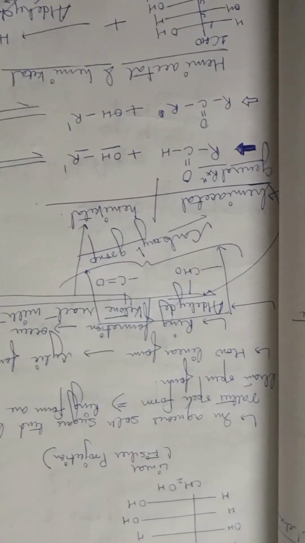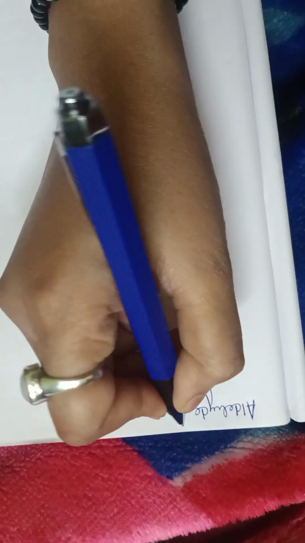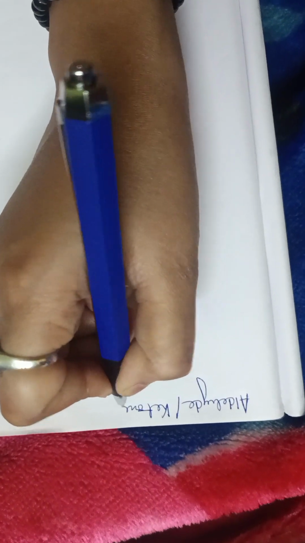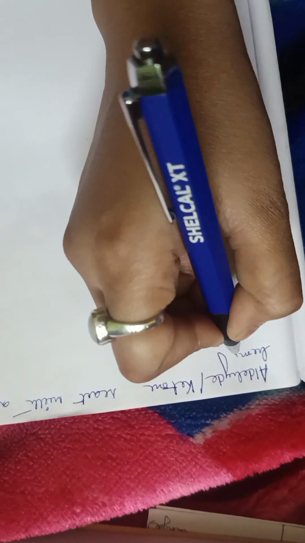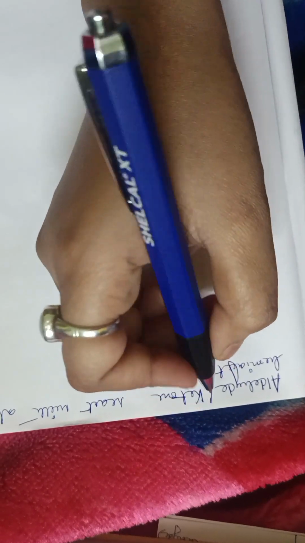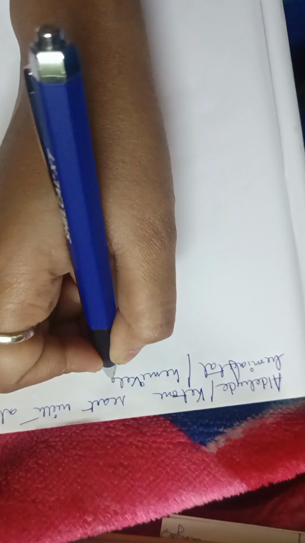So let's see. Basically, an aldehyde or ketone reacts with alcohol to form hemiacetal or hemiketal. Let's see the reaction now. First you take an aldehyde. It's like this.